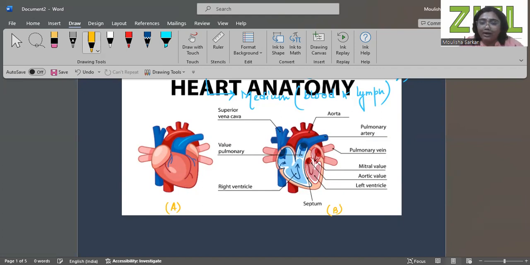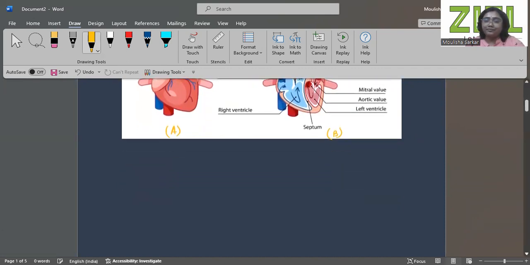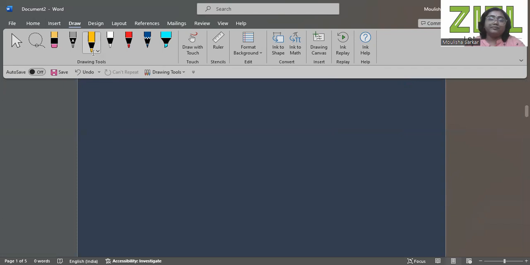Now I will draw a diagram to show you how easily and quickly you can draw a human heart, and I will also label all the parts so you can quickly understand what the parts are and what their names are. Okay, let's do that. First of all, to draw a human heart, draw the lower portion first. You can develop your own method of drawing the heart.